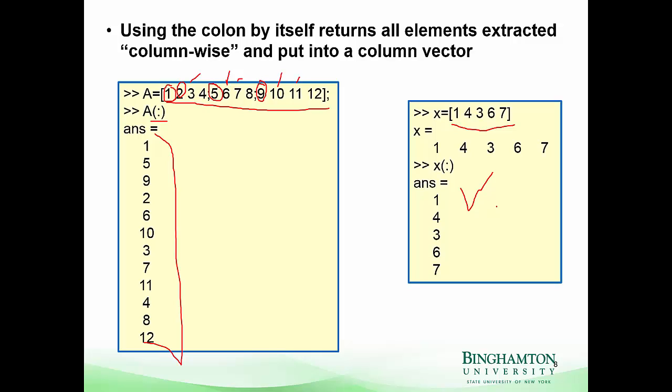So a clever thing to do is when you first bring it in, you can just do this and reassign it. So you could say x is equal to x parenthesis colon n parenthesis. And if it's a column vector already, it stays a column vector. If it's a row vector, it will convert it into a column vector. So then you know that you're working with column vectors. If what you really want are row vectors, well, convert it into a column vector and then just transpose it and you'll be all set.